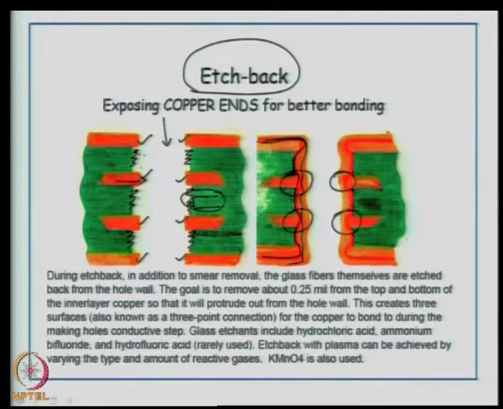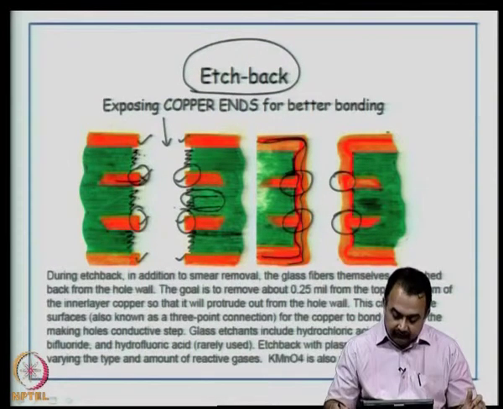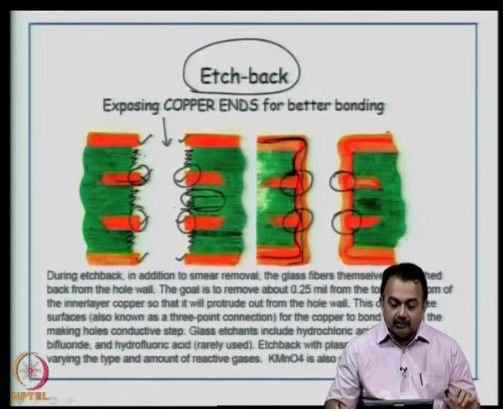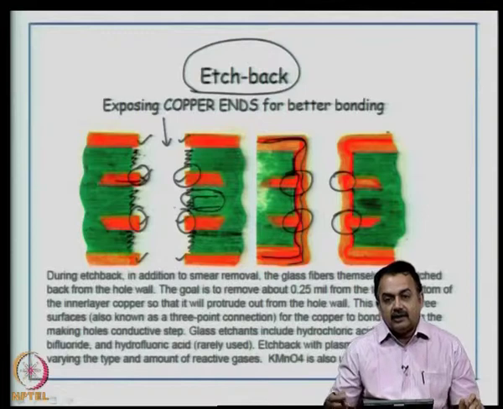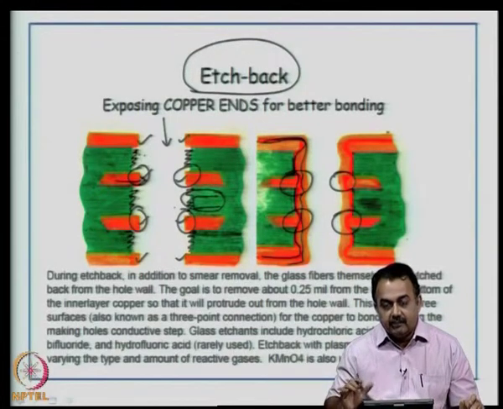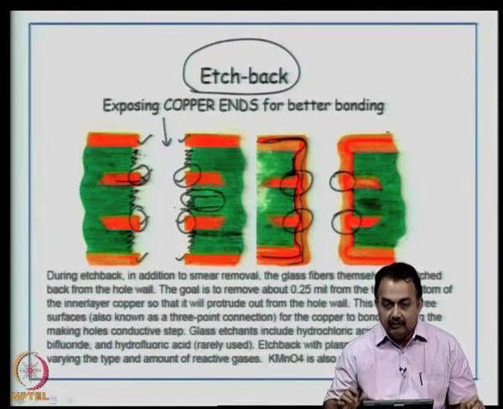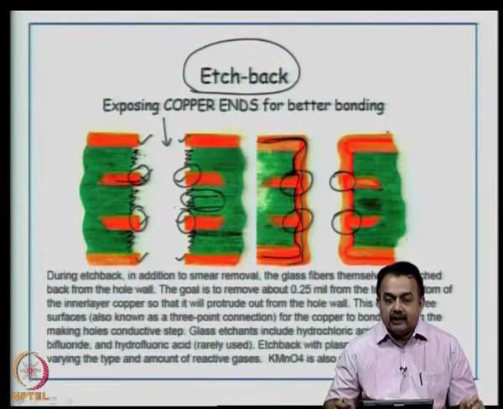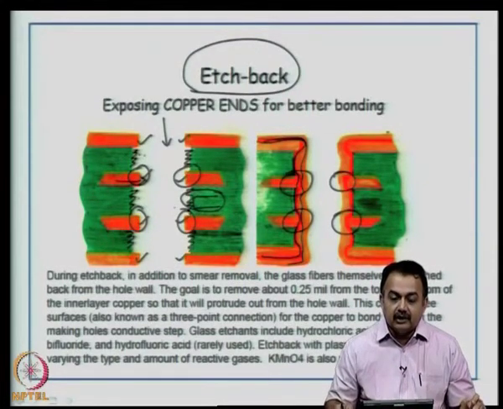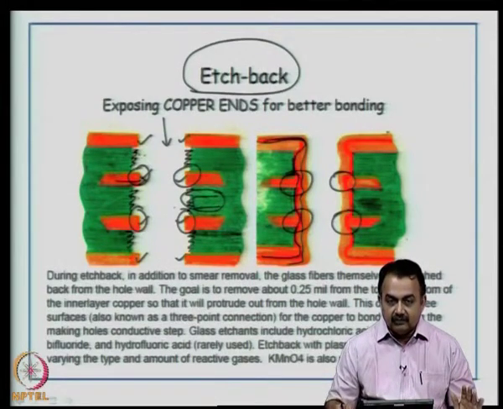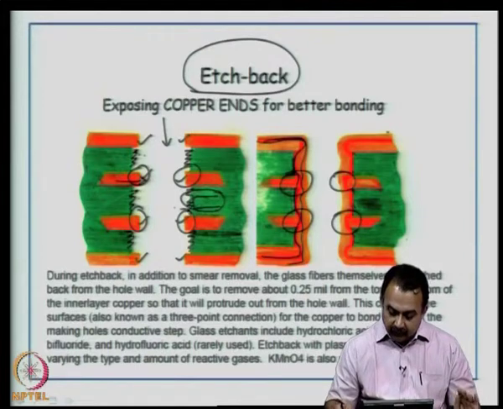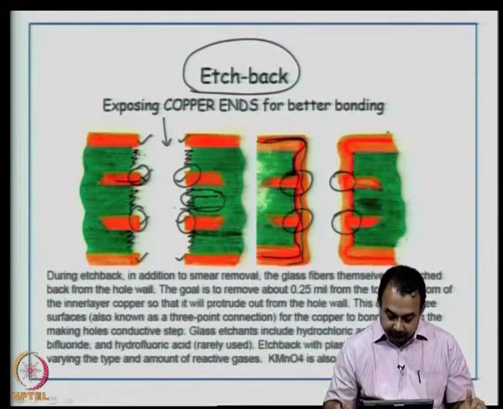So, you get these kinds of pillars, and we call this a 3-point connection. This will ensure the copper to dielectric bond, as well as the 3 types of copper existing at this point, to be reliable, and it can undergo thermal cycling very efficiently without any breakage. It can withstand mechanical failures and vibrational effects.